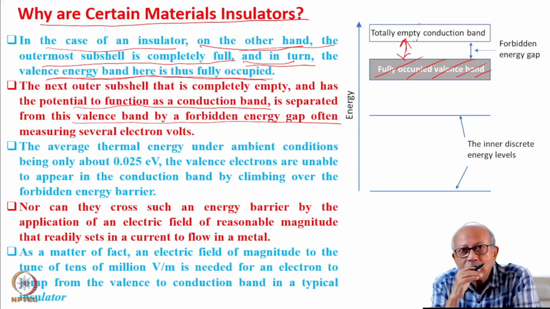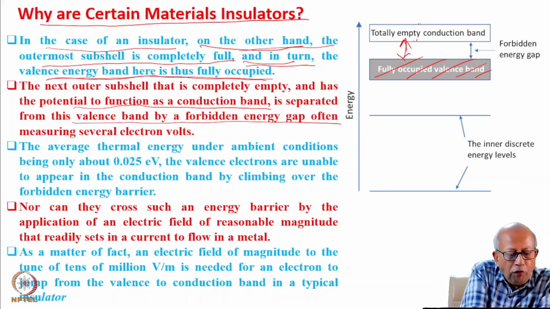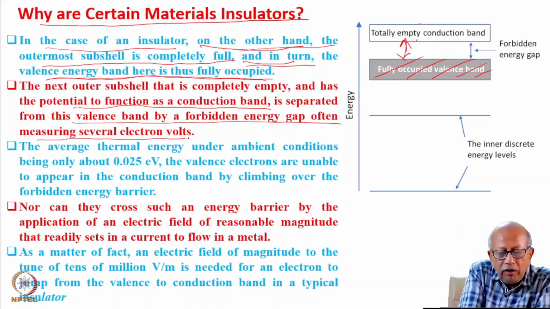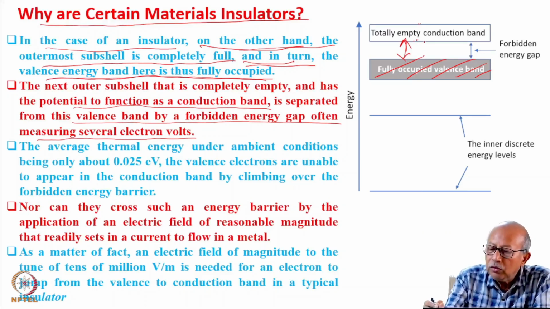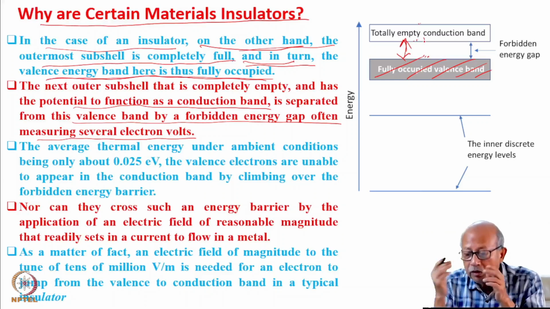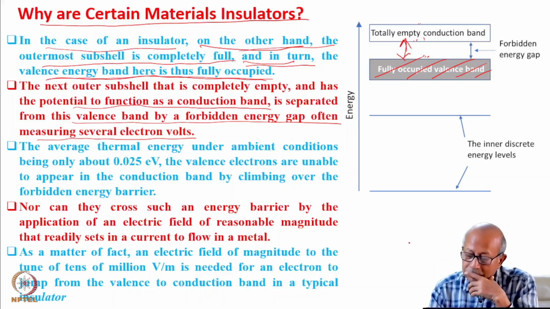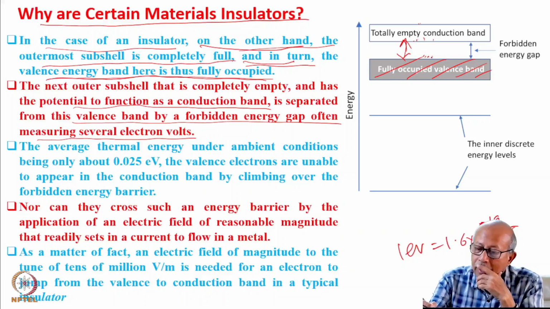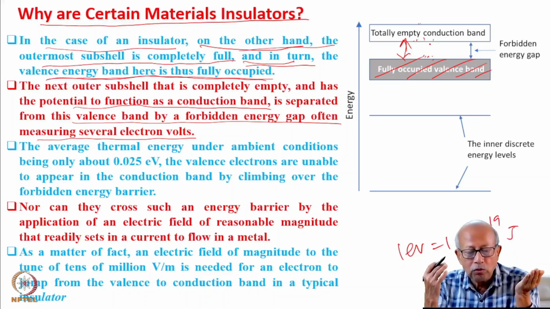We know this from Bohr's theory. Often this difference is several electron volts. Electron volt is a measurement of energy, and 1 electron volt equals 1.6 times 10 to the power minus 19 joule. So this gap is several electron volts.